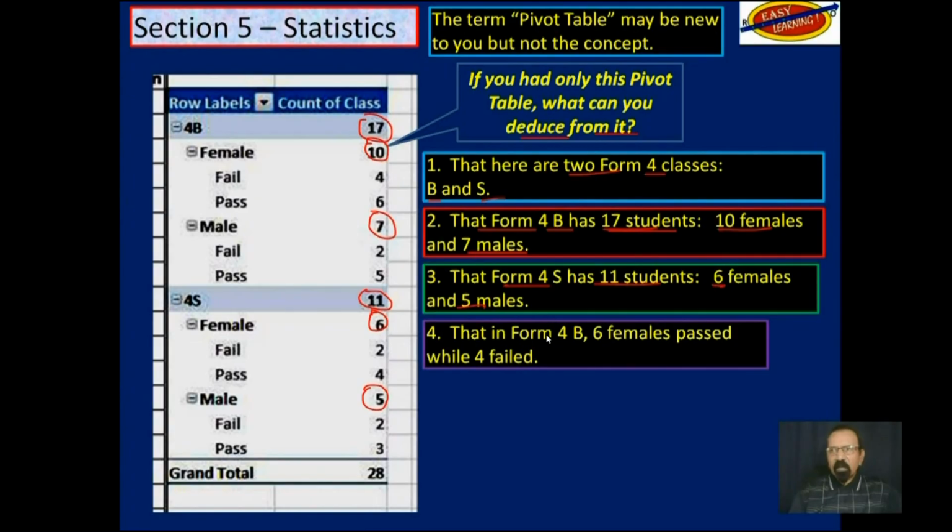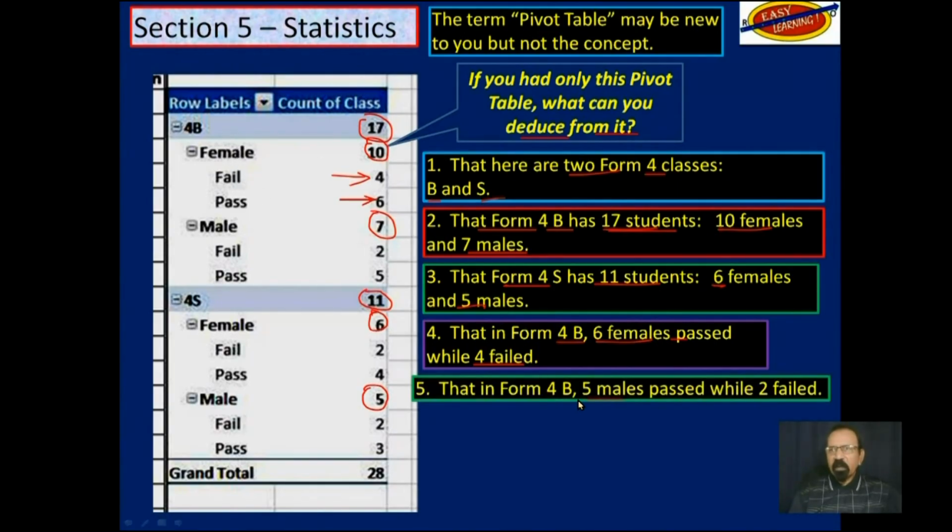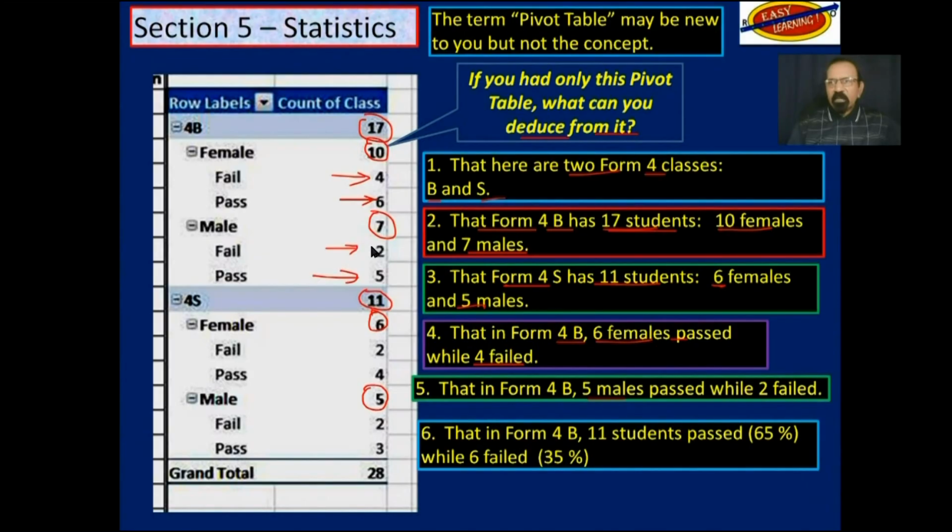You also know that in Form 4B, 6 females passed and 4 females failed. That is here. That's Form 4 Business for females. And you also know for the males, 5 passed and 2 failed. You can also deduce that 11 students passed in Form 4B.